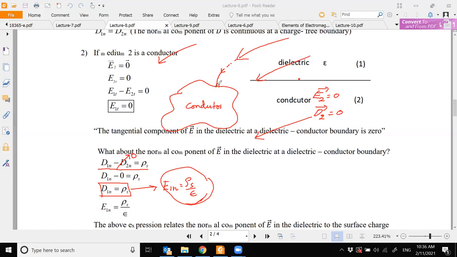So as it approaches, it becomes normal. Okay, so this is your second boundary condition for the dielectric conductor interface. This was your dielectric and this was your conductor.